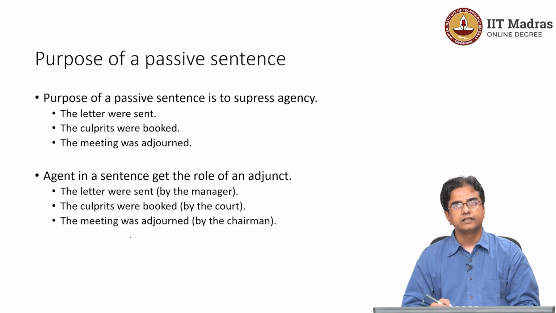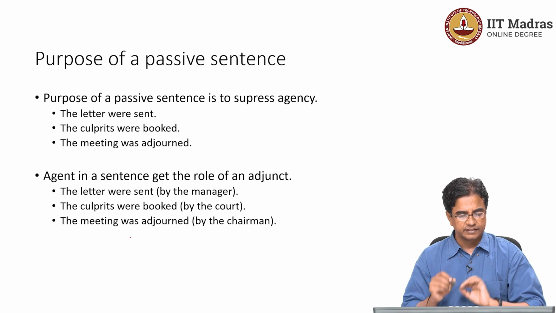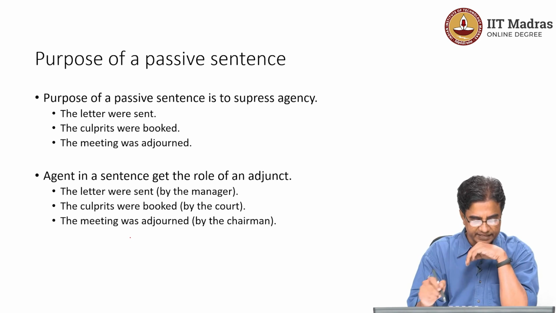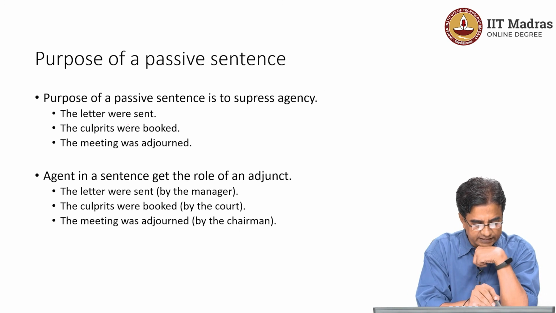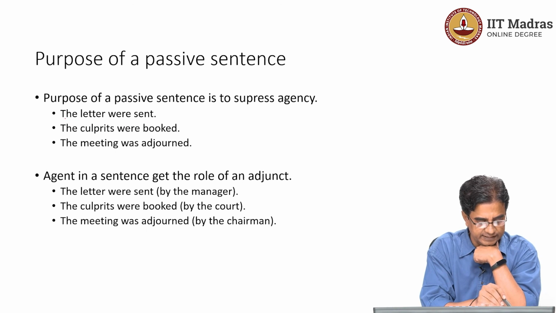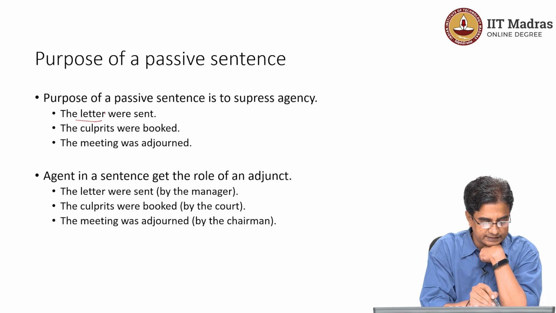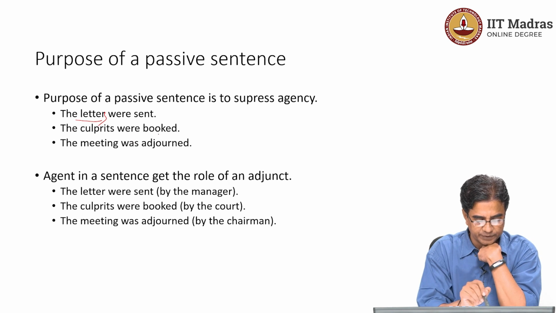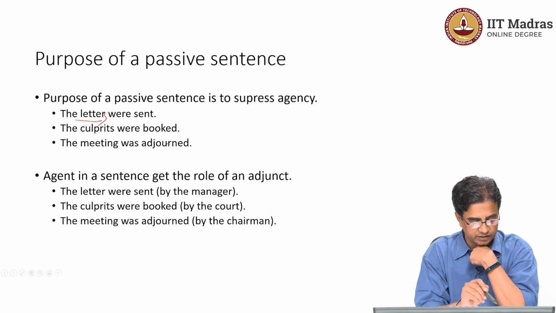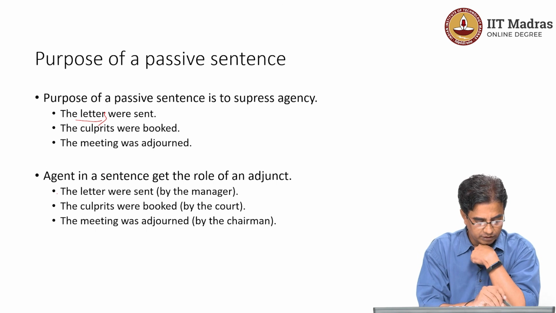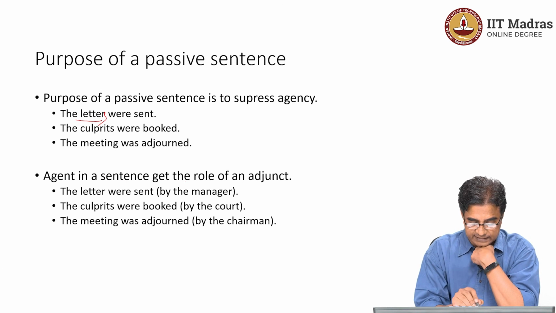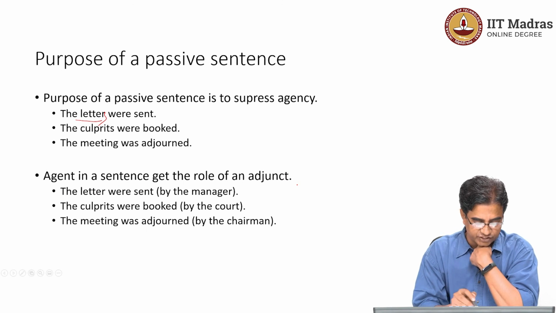So again, the purpose of the passive sentence is to suppress agency. The letters were sent. Letter has been brought to the focus. Letters were sent. Culprits were booked. The meeting was adjourned. Agent in the sentence gets the role of an adjunct.